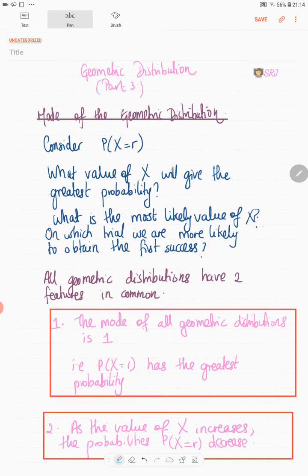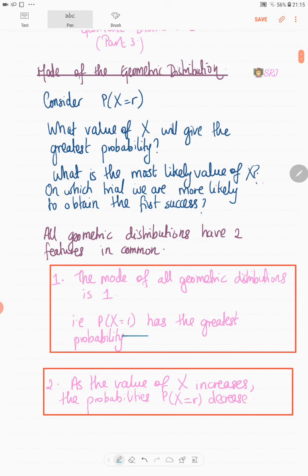We can say that we have two features in common for all geometric distributions. The first one says that the mode of all geometric distribution is 1. That is, probability X is equal to 1 has the greatest probability for all geometric distribution.